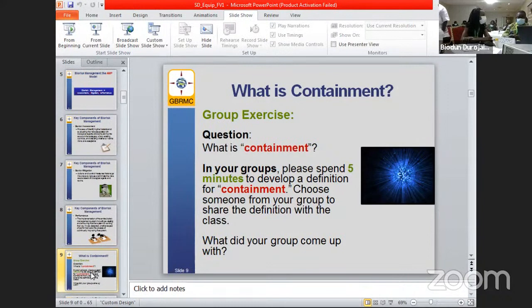Again, I will be going around the groups. Discuss the definitions in your group and put down a representative definition that a member will tell the host.